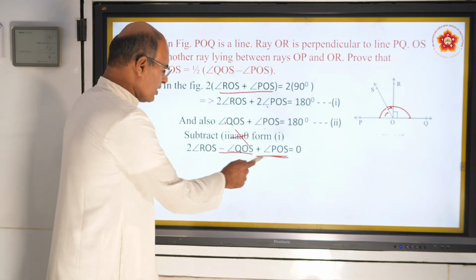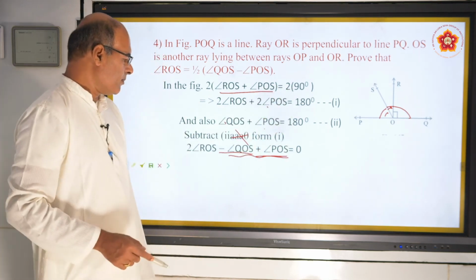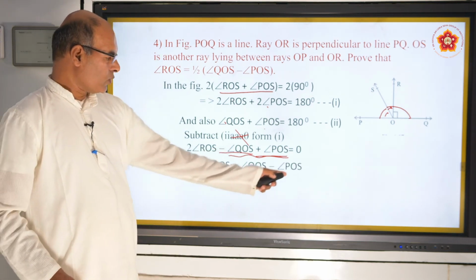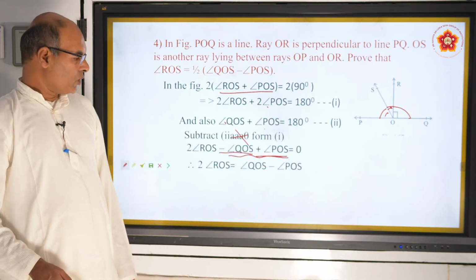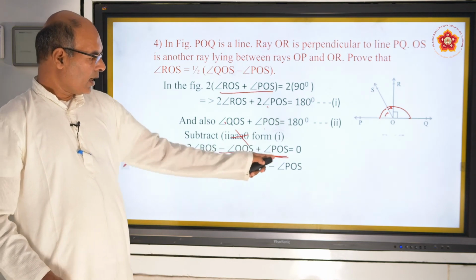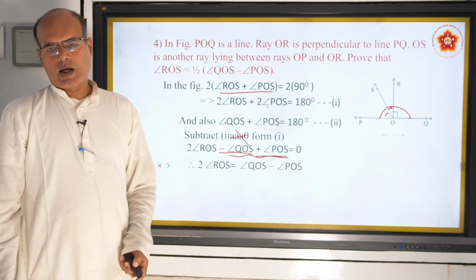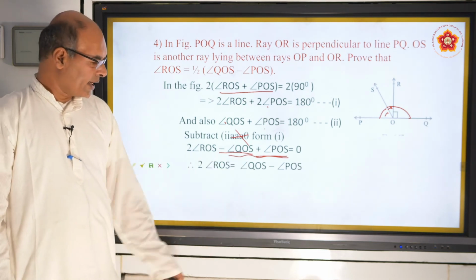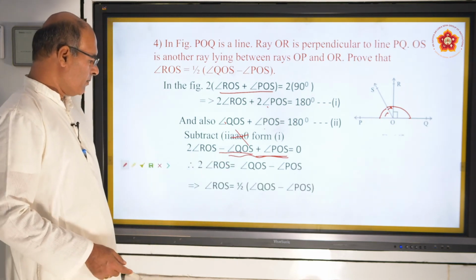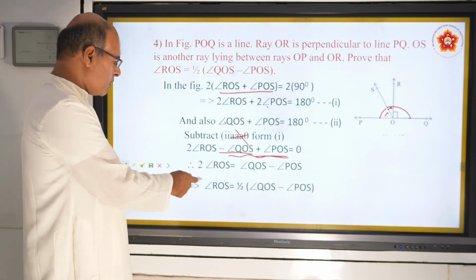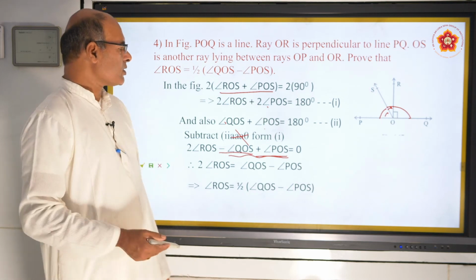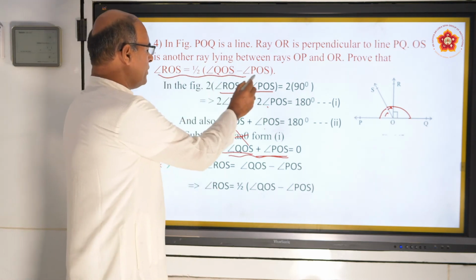Now send these 2 terms to the right side, we get 2 times angle ROS is equal to minus QOS becomes plus angle QOS, and plus angle POS becomes minus angle POS. So take this 2 to that side, coefficient always goes to the denominator, it becomes half there. So therefore ROS is equal to half of angle QOS minus angle POS, that we needed to prove here.